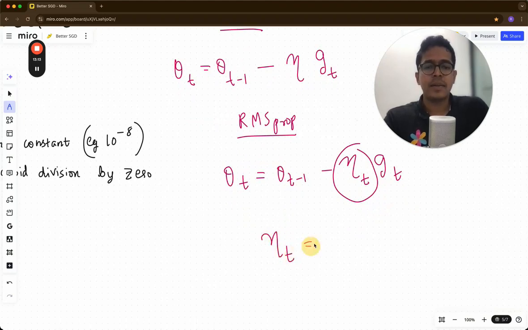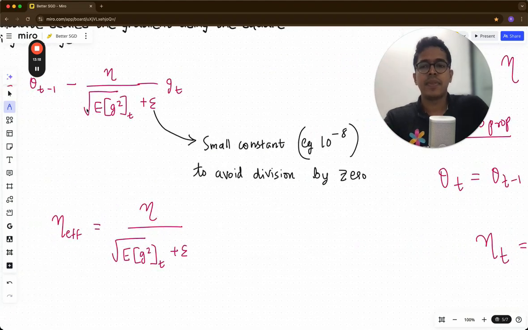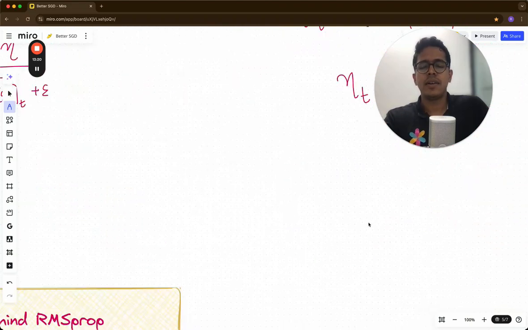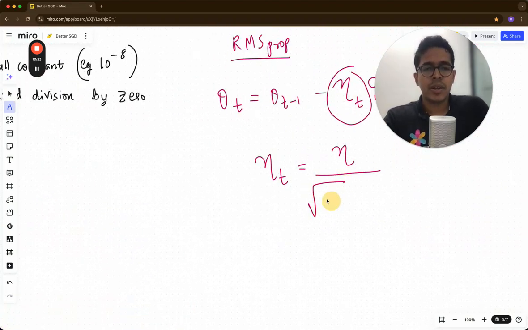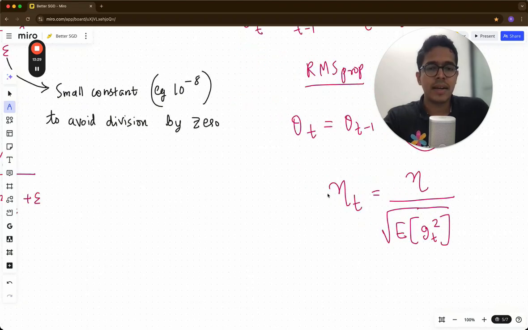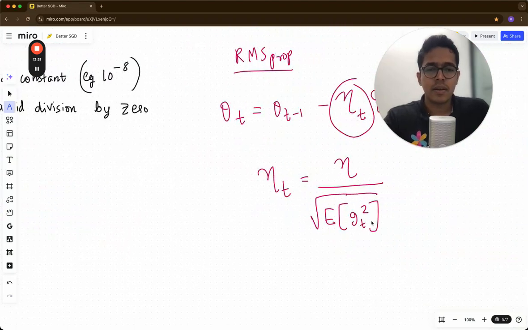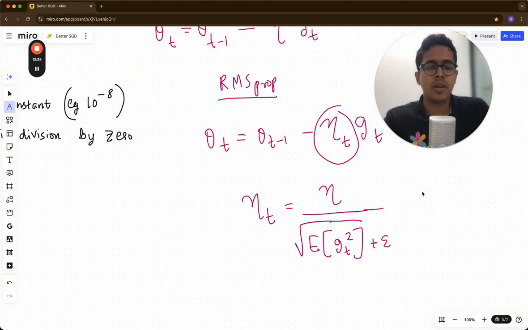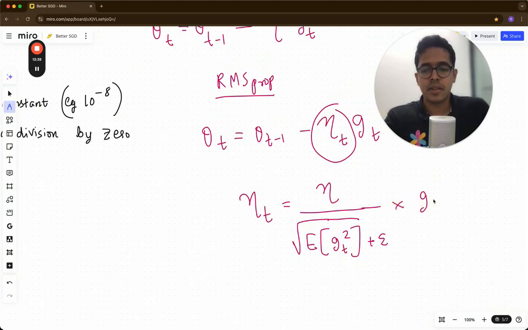Learning rate at time step t is whatever was the constant learning rate we defined divided by the square root of the moving average of the squared gradient till that time step, plus epsilon. There is no times here, we are just talking about the effective value of eta at a given time step.